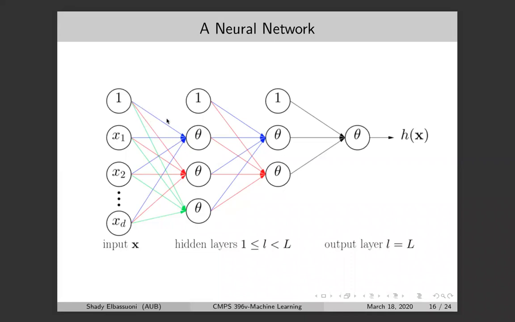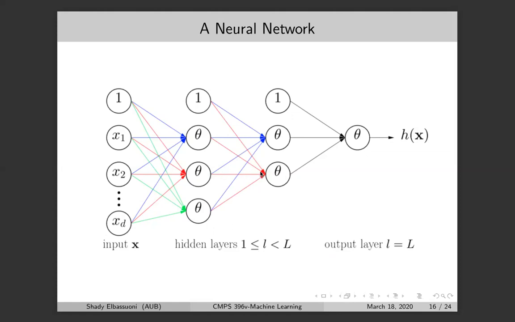The weight is Wij of l, where l is the layer, i is the input, and j is the output. So this is going to be W01 of layer 1, because it's coming from input 0 to neuron 1. This red one here is W22 of layer 2.